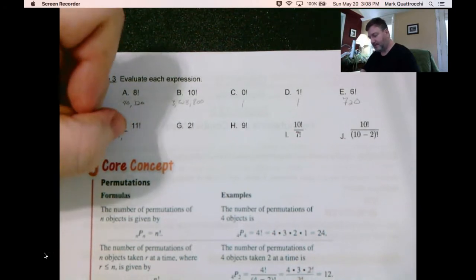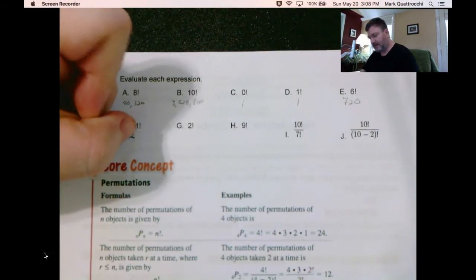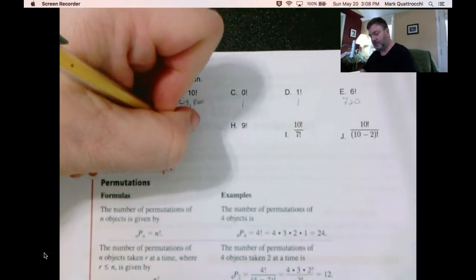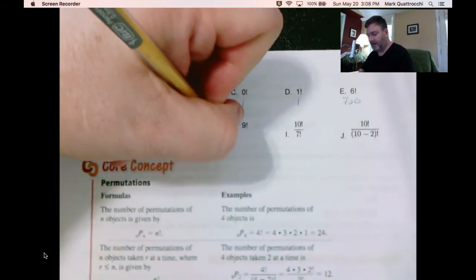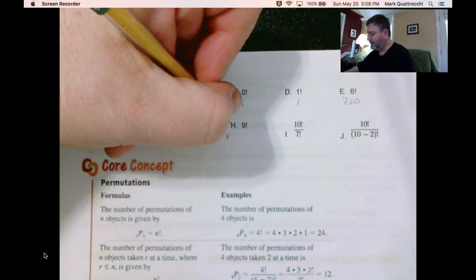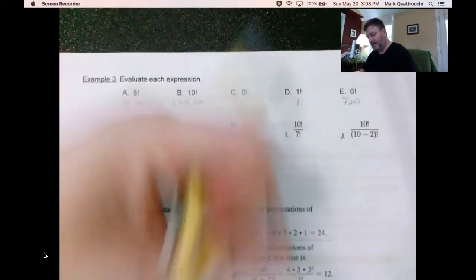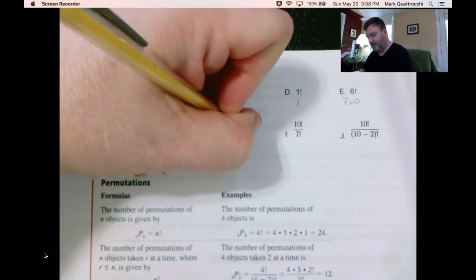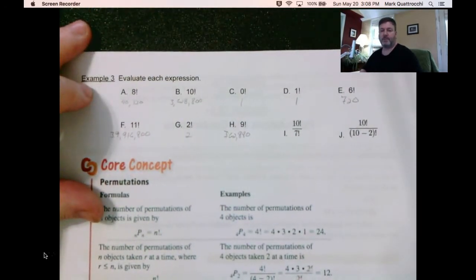Factorial is a really fast climbing function. 39,916,800 is 11 factorial. 2 factorial is 2, 2 times 1. 9 factorial is 362,880.